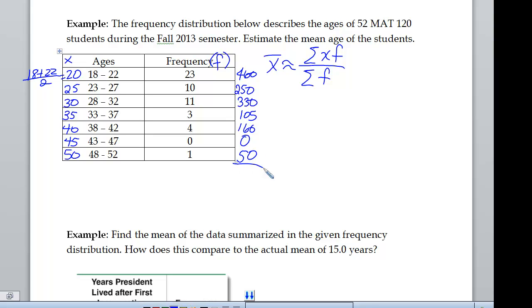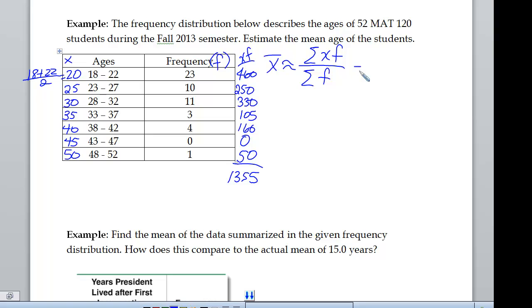Add those up real fast. This is just x times f, this part of the formula. And so when we add it, we'll have that sum there. What did you get? 1355.